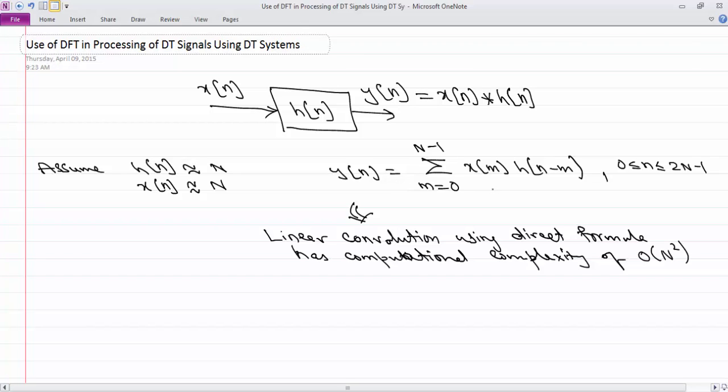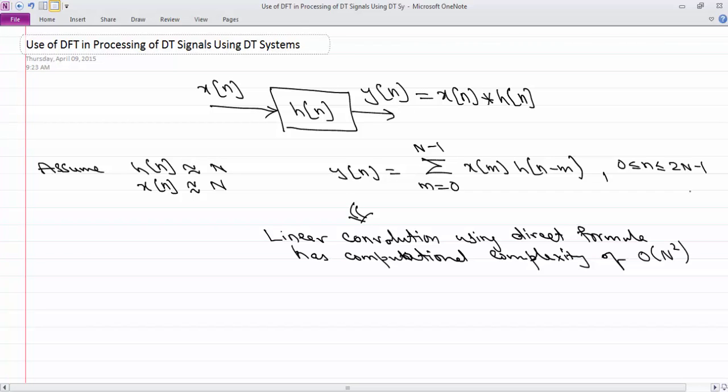For each n, you are doing N multiplications and N minus 1 additions, and you are going up to 2N minus 1, again ignoring that multiplying with 0 can be done really fast. It will take order N squared time to do linear convolution using the formula directly.